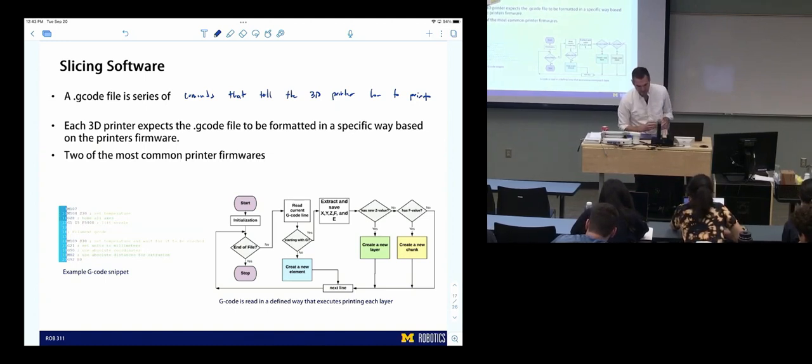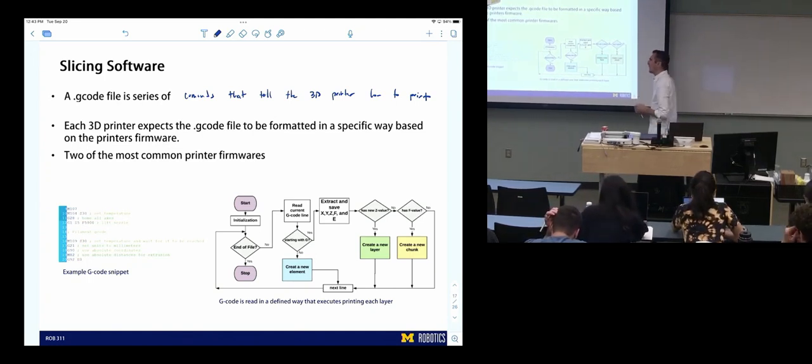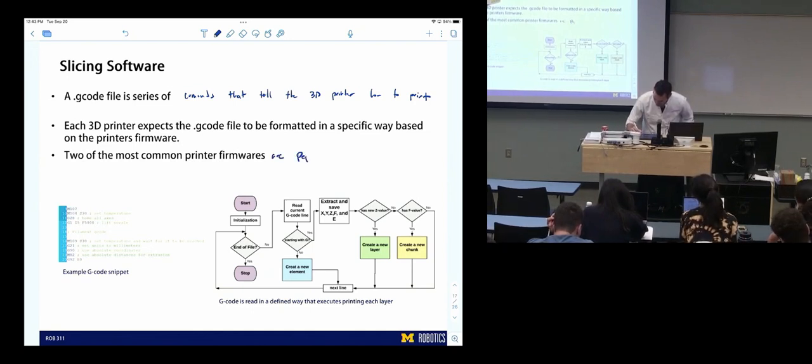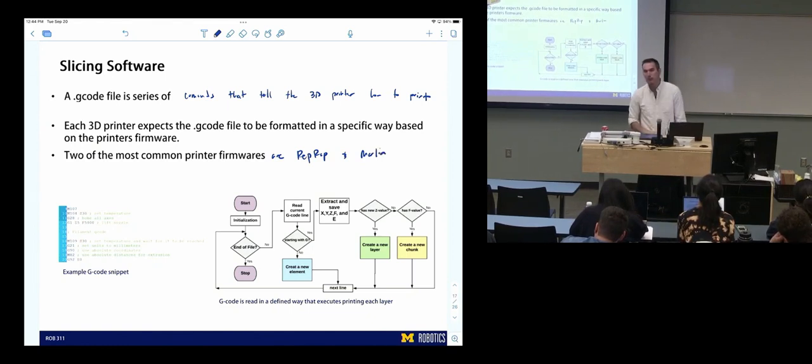Each 3D printer expects G-code to be formatted a specific way based on the printer's firmware. There are two major classes of firmware on a 3D printer. Two of the most common printer firmwares are Rep and Marlin.